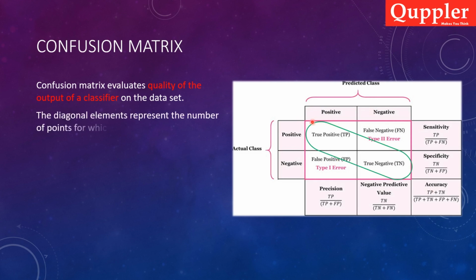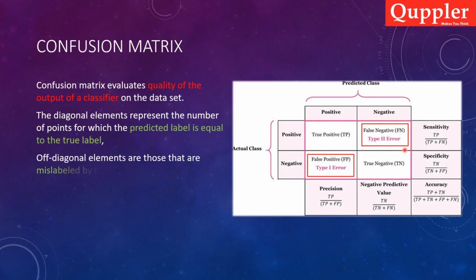That is, what our model predicted is equal to the actual class, whereas the off-diagonal elements which we are seeing here represent the numbers which got mislabeled by the classifier. This means the higher the value of these mislabeled elements, the less accurate your model is, and the higher the value of the diagonal elements across the matrix, the greater the accuracy of your model, indicating many correct predictions.